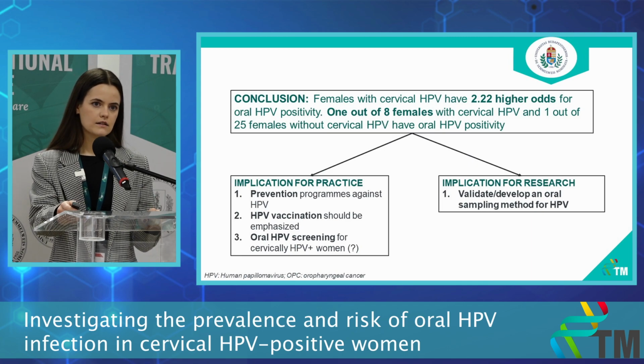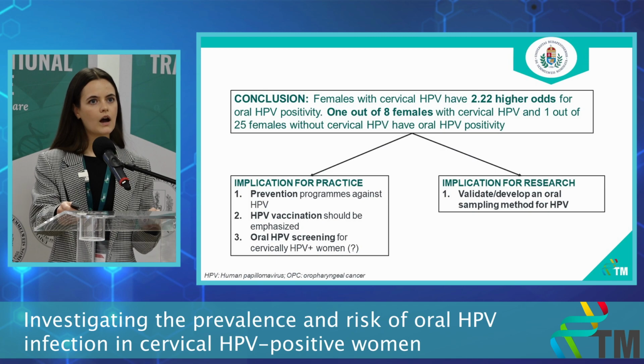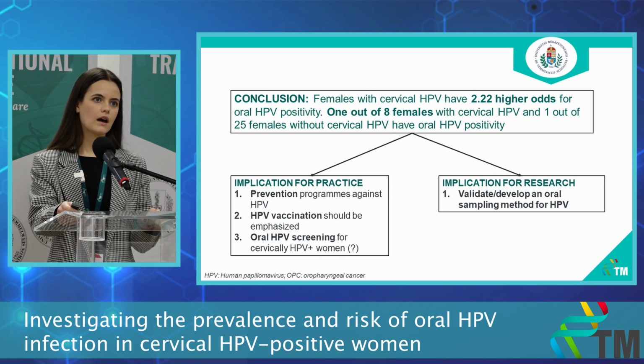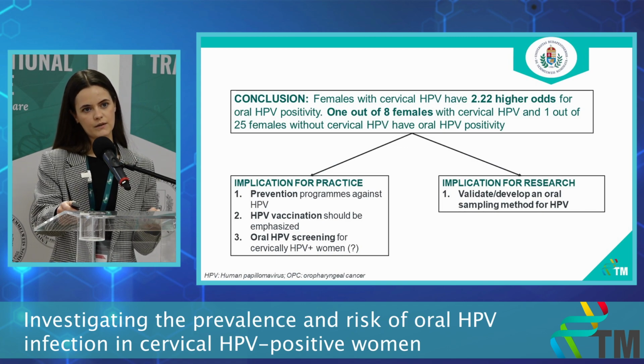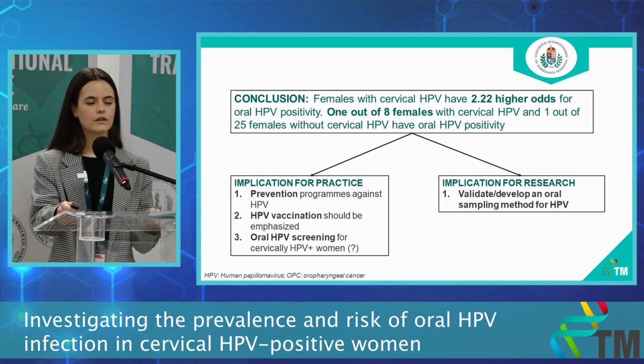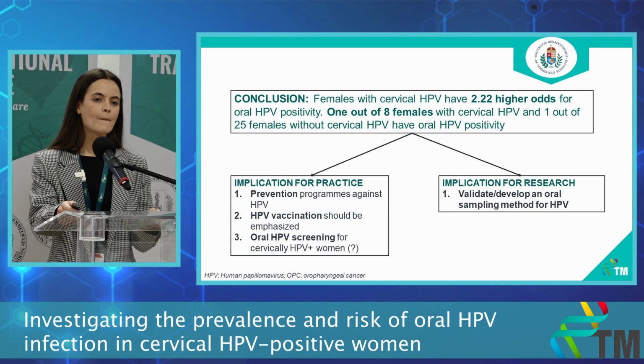Based on our results, we can conclude that females with cervical HPV have a 2.2 higher odds for oral HPV positivity, and 1 out of 8 females with cervical HPV have oral HPV positivity too. It suggests that there is a need to raise awareness of the oral presence of HPV.